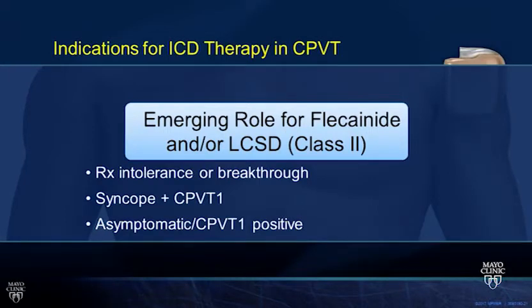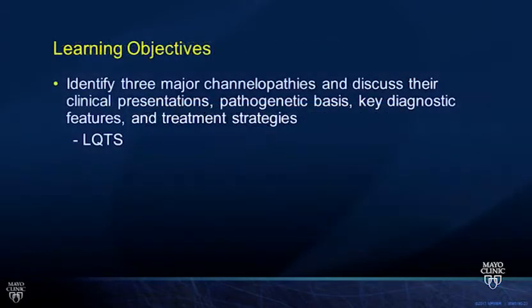So we try very hard in this disease to not use an ICD, and we never use an ICD by itself. Instead, the emerging role is flecainide, combination drug therapy with a beta blocker, preferably nadolol, and flecainide works really well. And sometimes we will do combination therapy or triple therapy with the inclusion of left cardiac sympathetic denervation surgery.